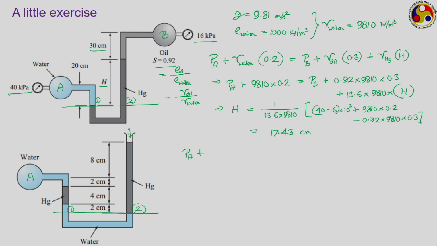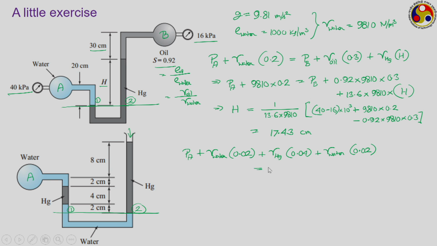First we are having a column of water of height 2 centimeter, so this will be gamma water into 0.02, plus a 4 centimeter mercury column, gamma Hg into 0.04, plus another water column of height 2 centimeter, gamma water into 0.02. That should be equal to the pressure at point 2.